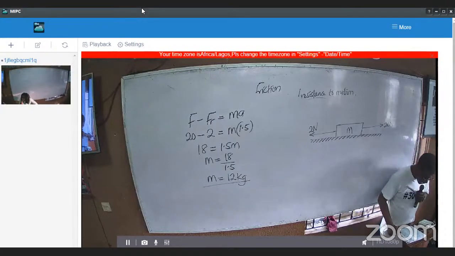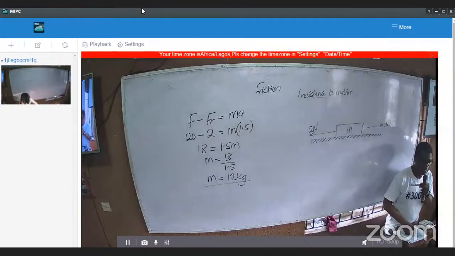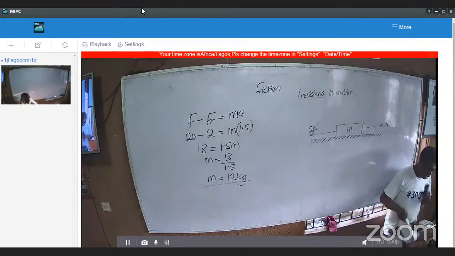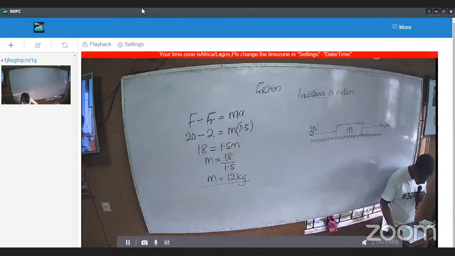Let's go. Number 7. At terminal velocity, a body of weight 50 Newton experiences an upthrust of 30 Newton.